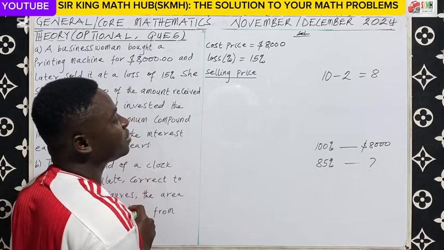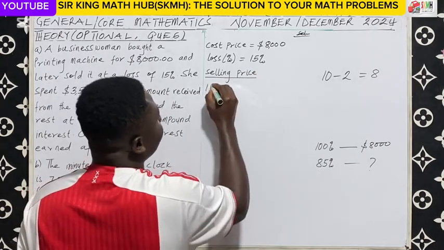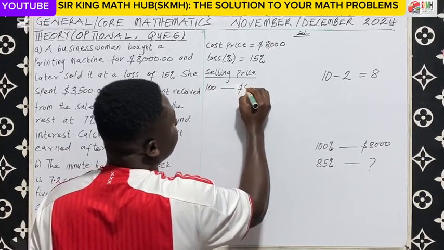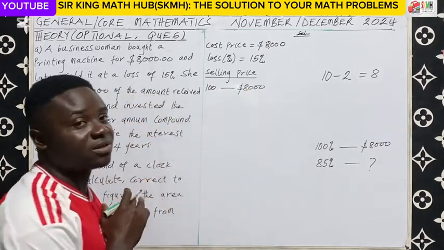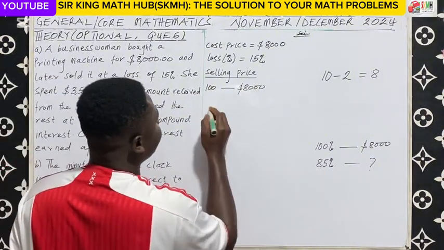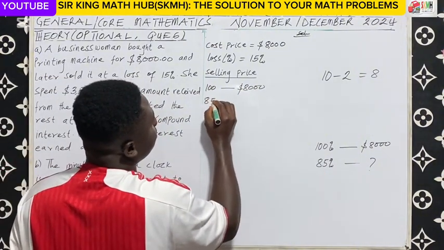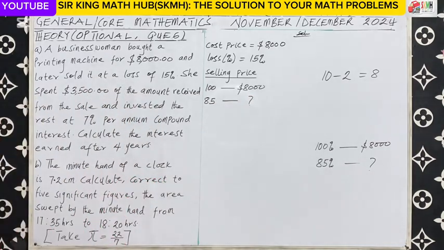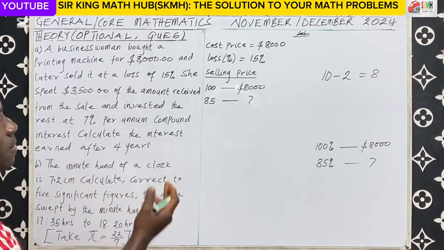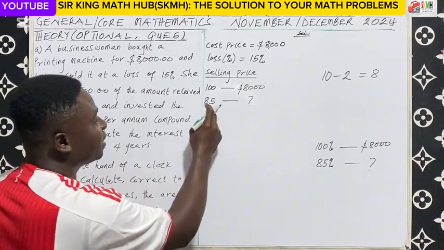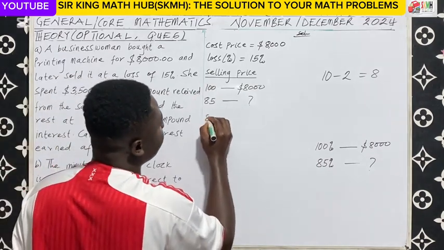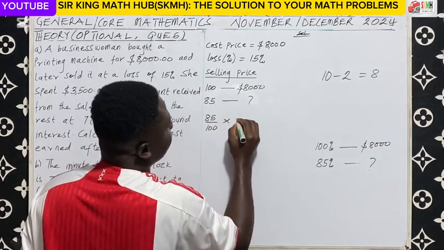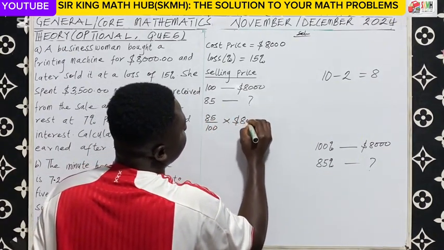Now the selling price, we know that in percentages, 100 corresponds to the cost price, which is $8,000. Now 85% should also correspond to a certain amount of money of which we don't know. So if less, more will divide. So 85% out of 100% times $8,000.